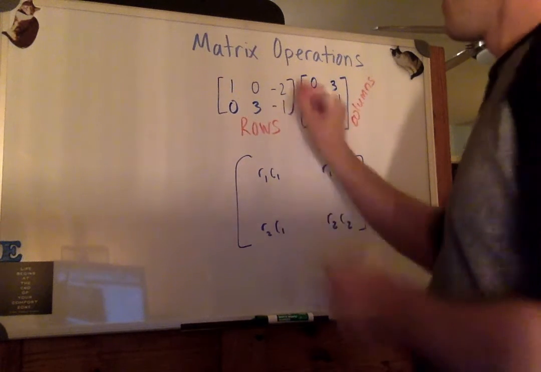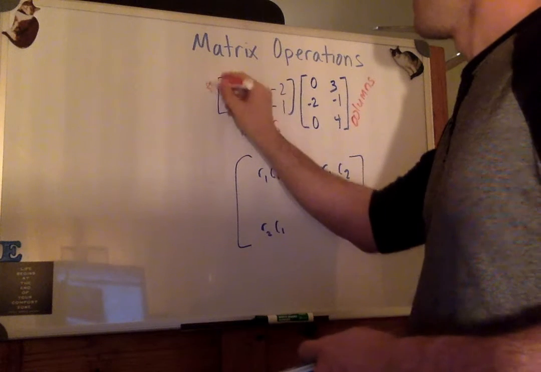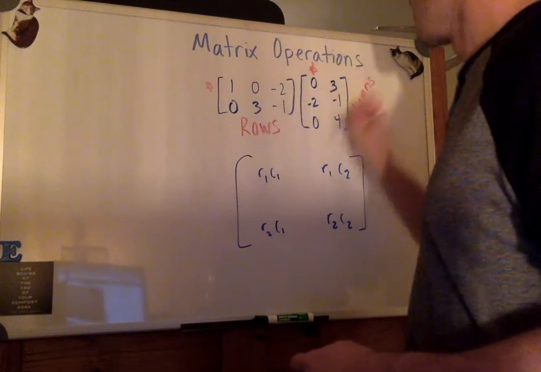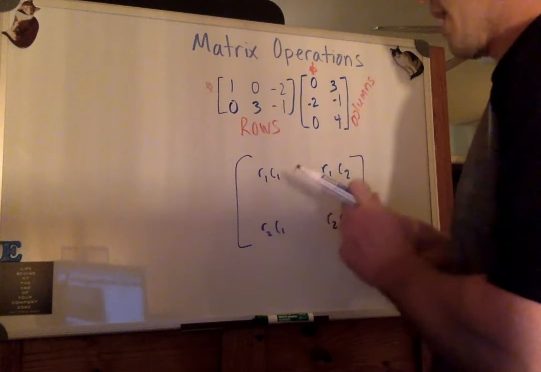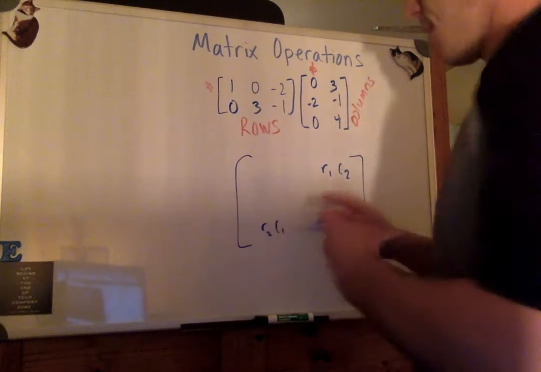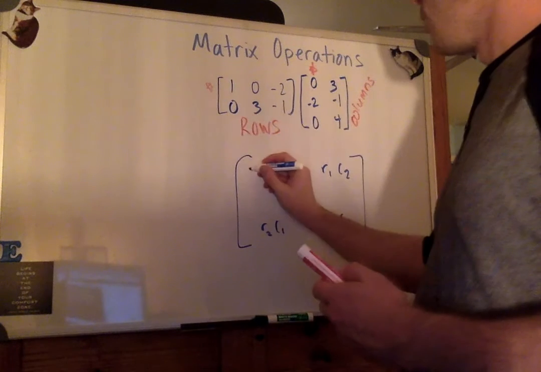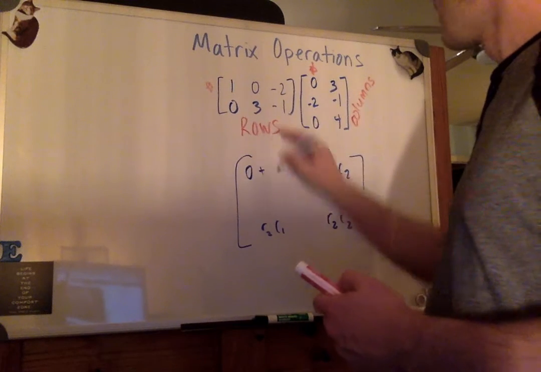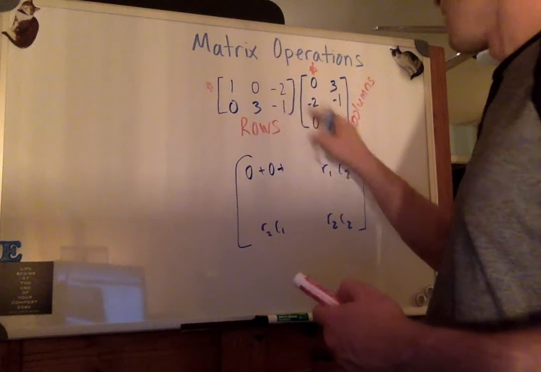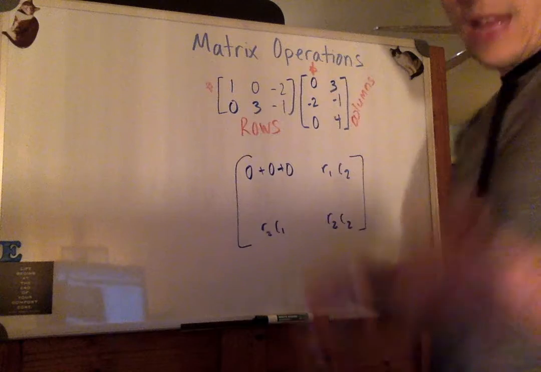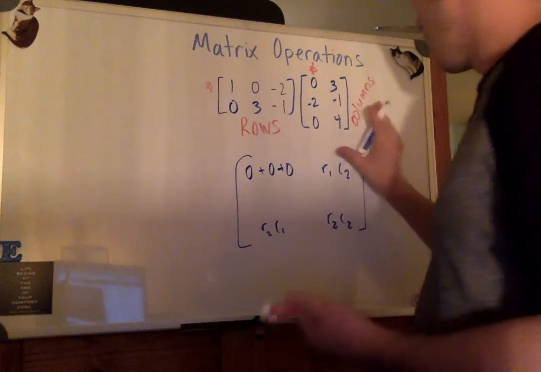That is this row right here and this column right here. So it's going to be the product of each pair along the way. In other words, 0 times 1, which is 0, plus 0 times negative 2, which is 0, plus negative 2 times 0, which is 0. That was an easy cell to fill.